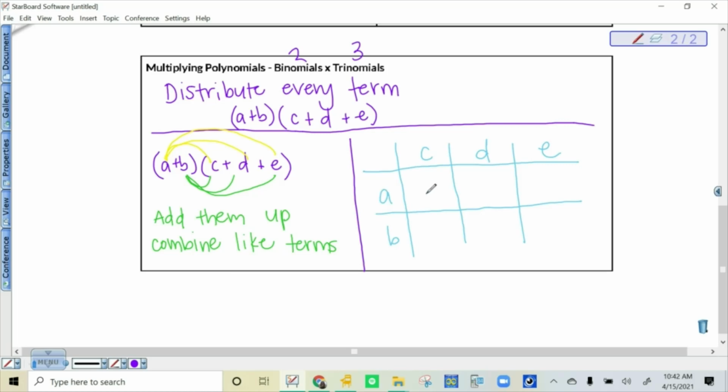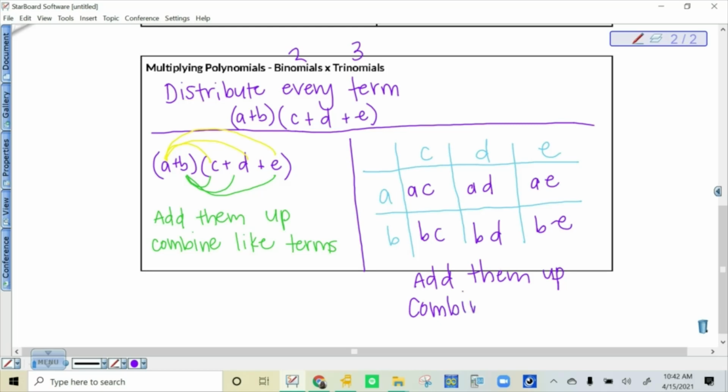I do A times C, A times D, A times E, B times C, B times D, and B times E. And then again, I add them up and combine like terms.